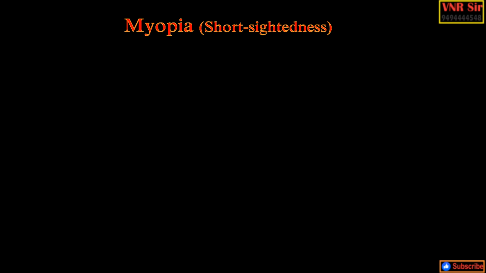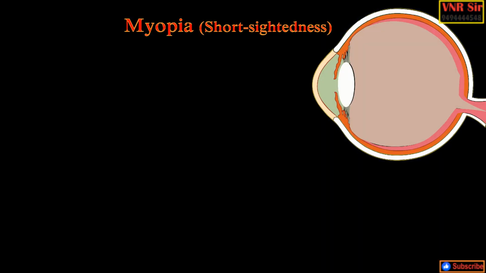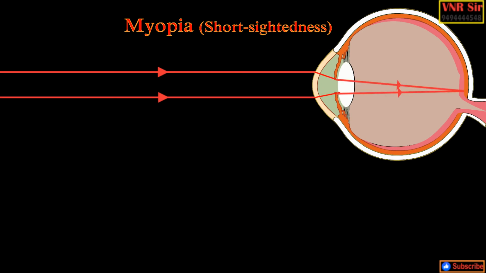A person suffering from myopia or short-sightedness can see nearby objects clearly but cannot see far objects clearly. In this case, light from a distant object is focused in front of the retina.